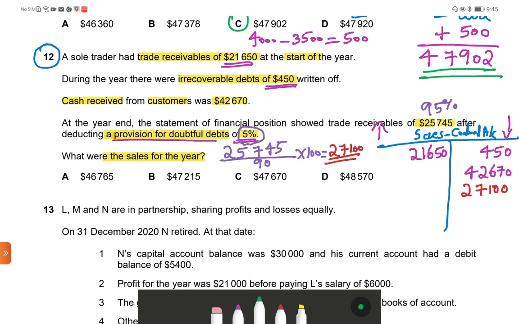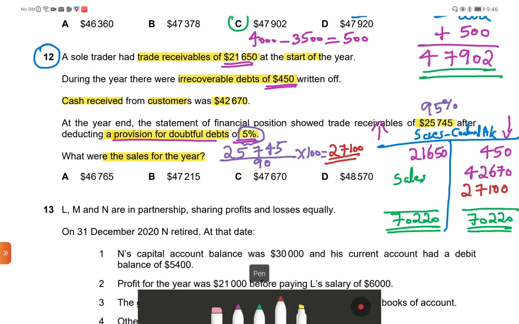The value of the sales always comes on the debit side. So that is the difference. So what is the credit side total? Credit side total is 70,220. We just balance. The balancing figure is our sales. 70,220 minus 21,650.